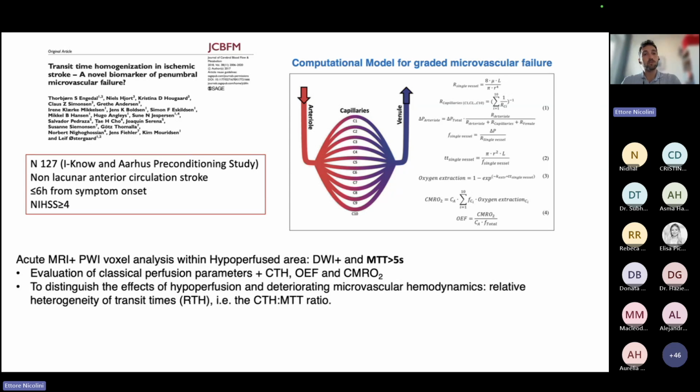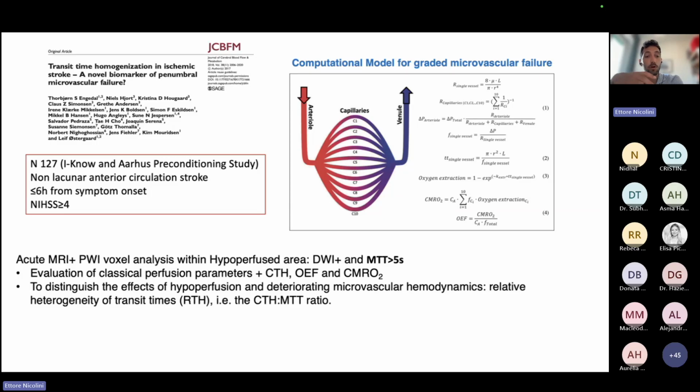So to test the efficacy of capillary and metabolic perfusion, Eggendal and colleagues analyzed the images of more than 100 patients with non-lacunar anterior circulation stroke, and then they evaluated through a voxel analysis PWI within the hypoperfused area, so the DWI positive area, which also had a hypoperfusion evaluated with mean transit time.